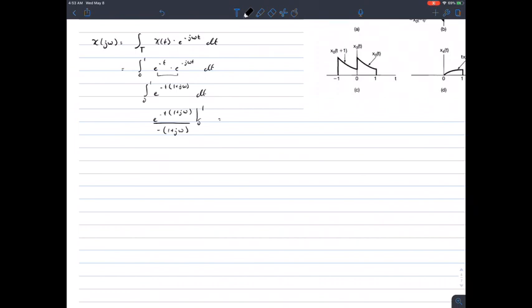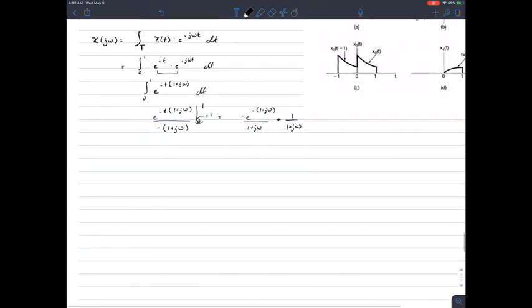Okay, so that's going to give us e to the negative 1 plus j omega over 1 plus j omega minus a negative, that's positive, 1 over 1 plus j omega.